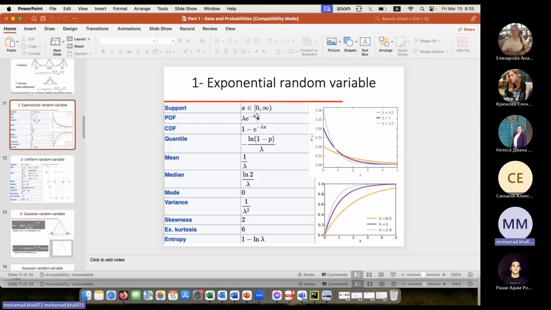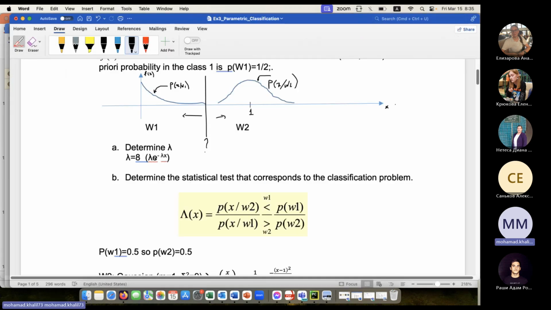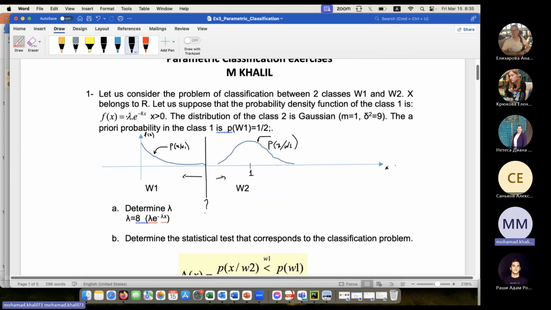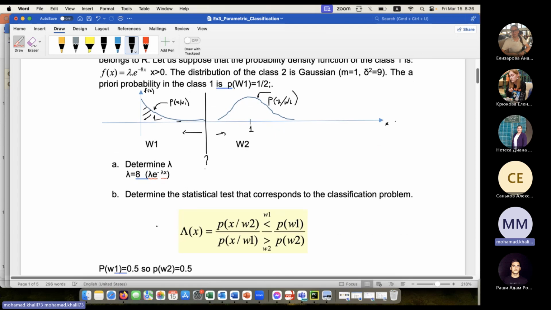Here the equation is lambda exponential minus 8x, so lambda must be 8, so that the surface must be 1. So lambda equals 8.